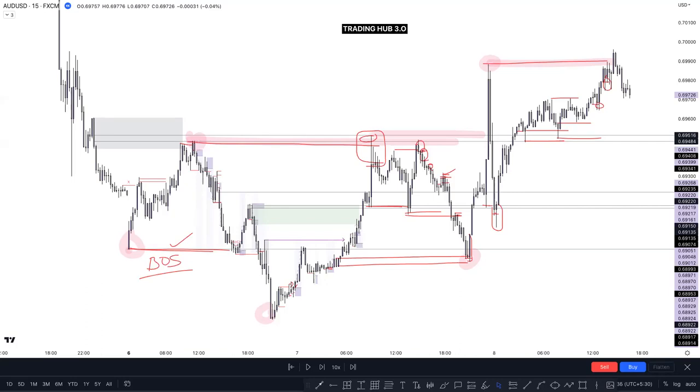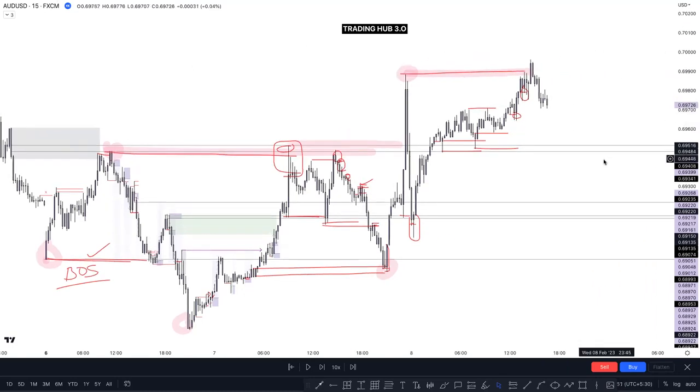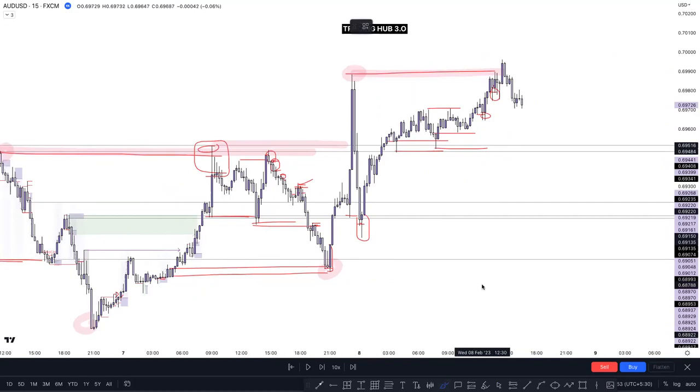But as a day trader, you don't need to check the different time frames. You have to just focus on your time frame, and simply you can find daily trades. This is a very simple process. You can also apply it on the 4-hour time frame, 15-minute time frame, 1 hour, as you like.